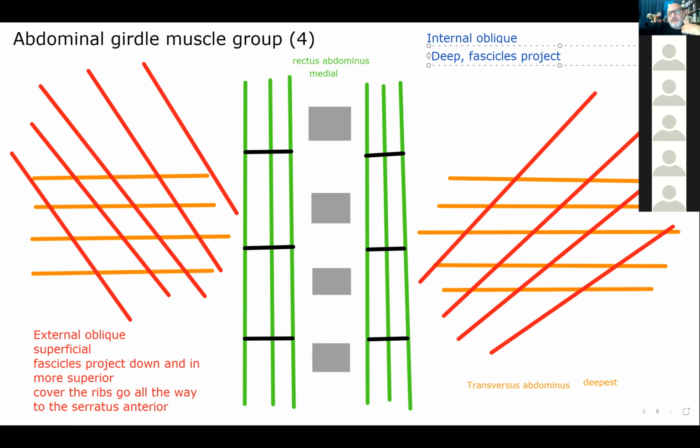Down and in. Well, remember, our externals are down and in. That means our internals are going to be down and out. And this is going to be more inferior. It does not go over the ribs.